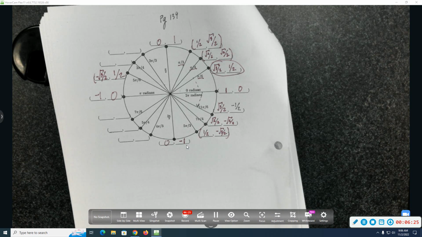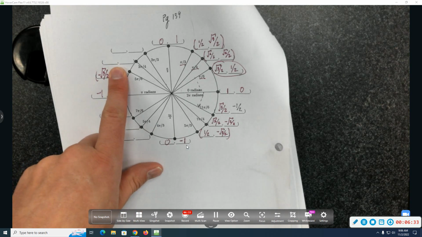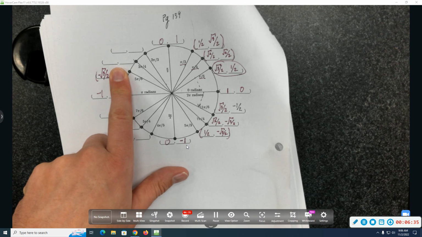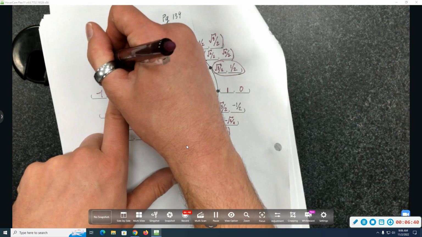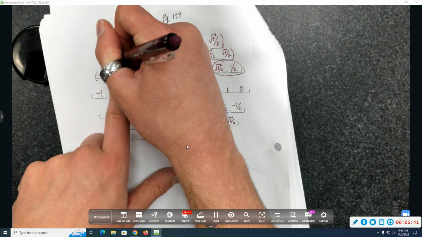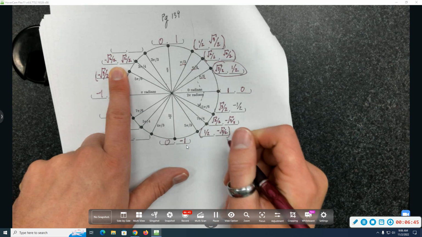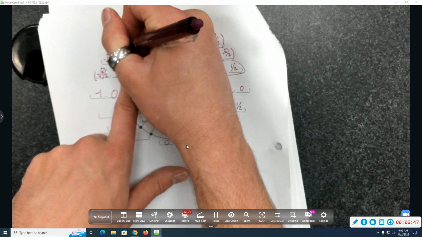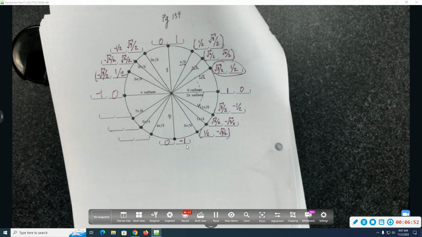How about the remaining entries in that quadrant? Are those now equally easy to fill in? Yeah. 3 pi over 4. That gives you the point negative root 2 over 2, root 2 over 2. I guess this last one is equally easy. Cool. That feel pretty all right?